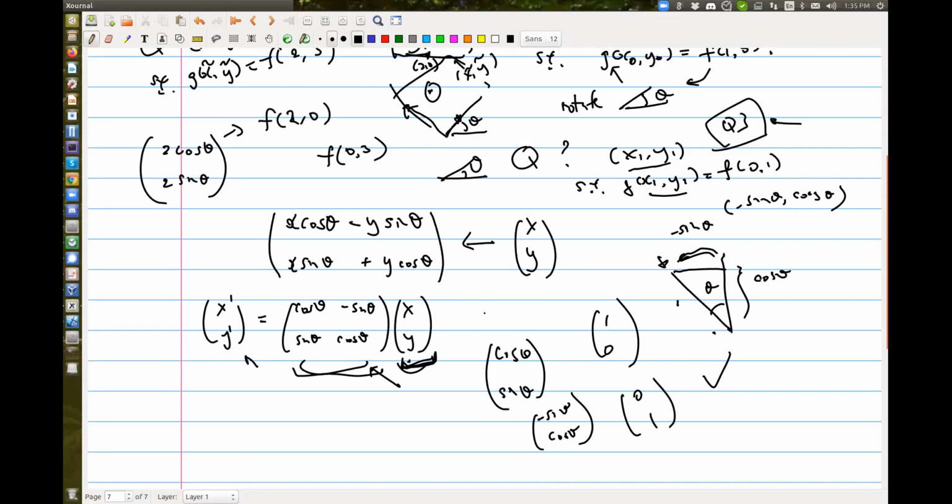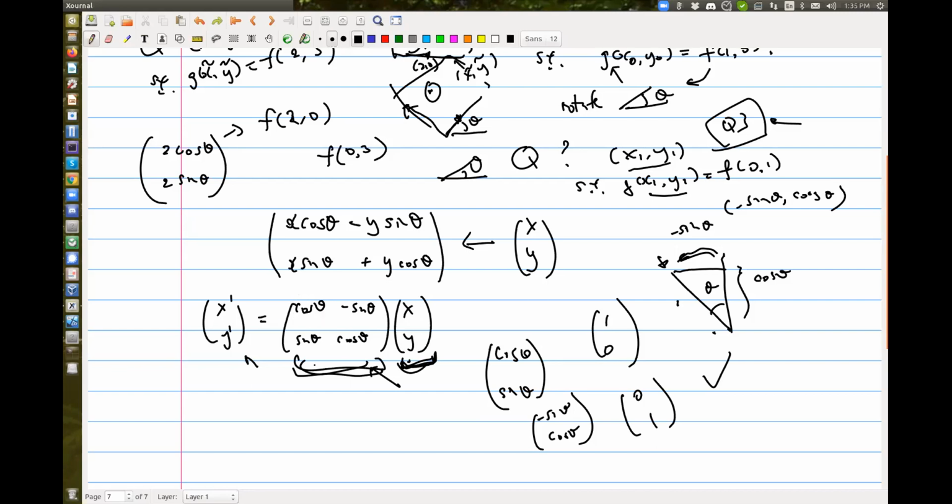By the way, for those of you trying to multiply matrices, when you multiply this matrix by 1, 0, when you first learn it, you multiply by x and y. This one is multiplied by x, and this one by y, and I get this value here.